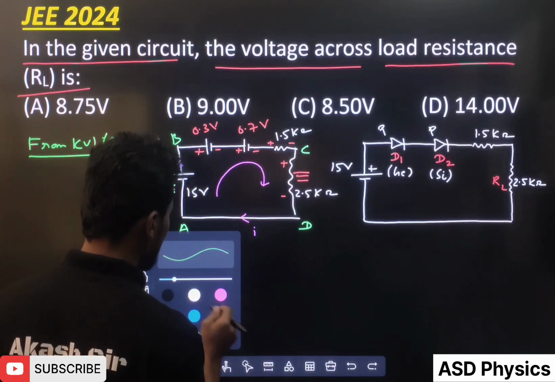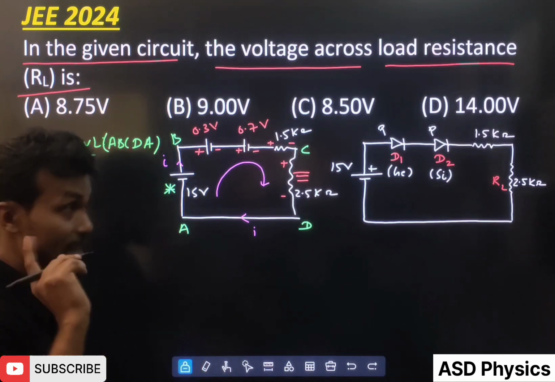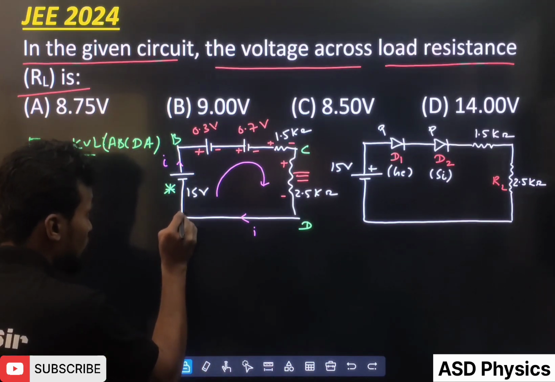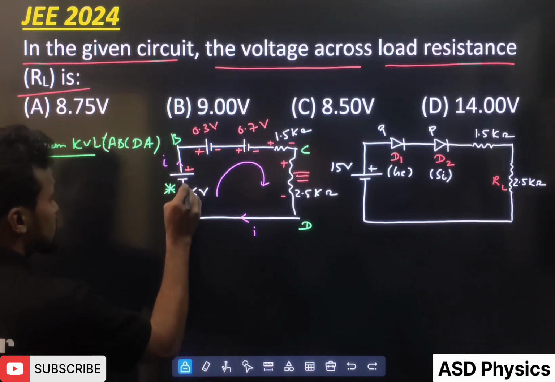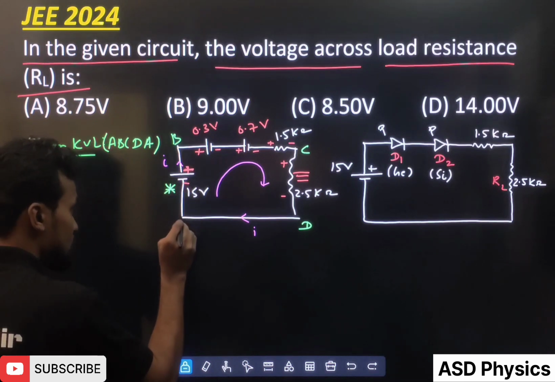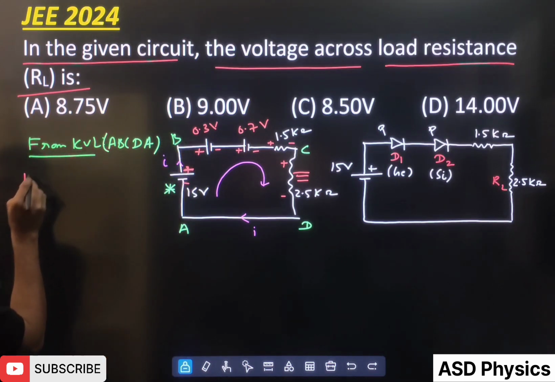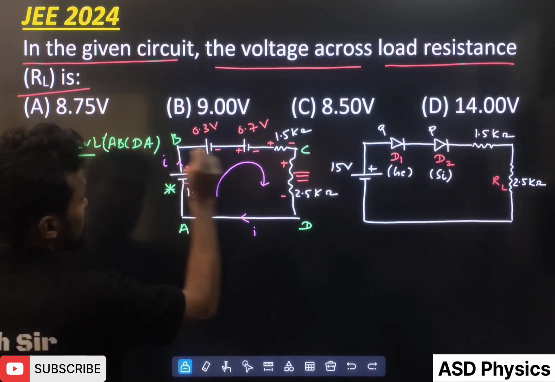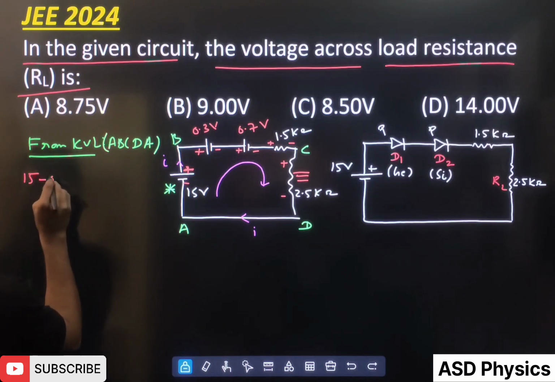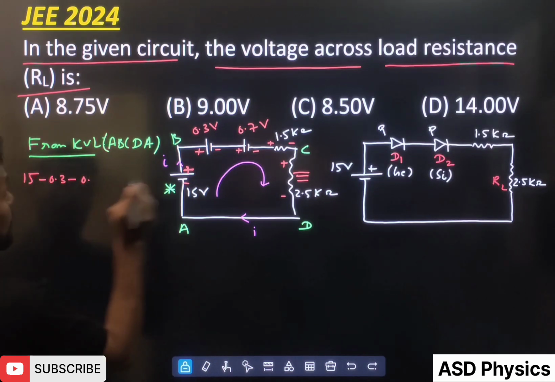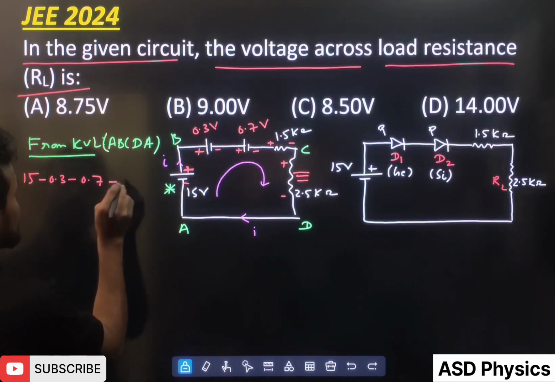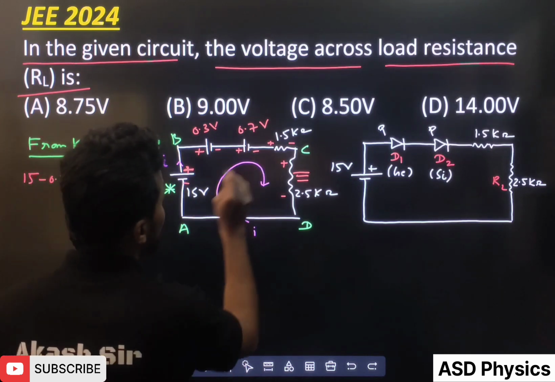We have to always take which sign? We have to always take the second sign. So when I am moving from A to B, the second sign is plus here. This plus is the second sign as we move from A to B. So we write 15. Again, B to C, second sign, minus 0.3, minus 0.7, minus. Current how much is there?